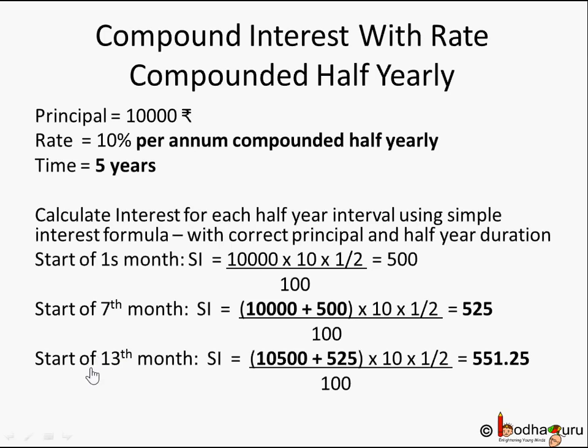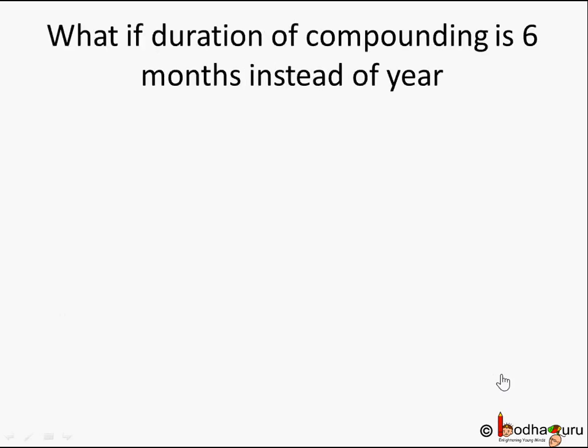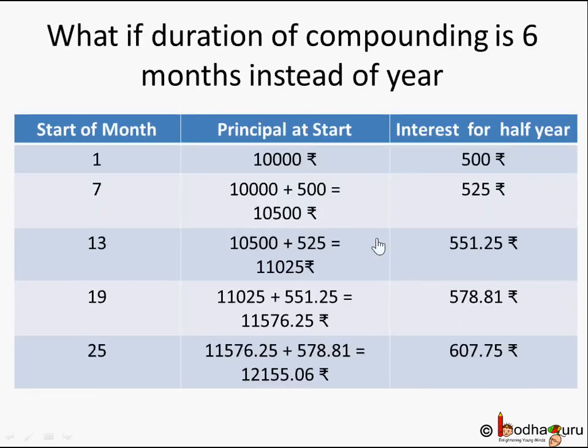At the start of the 13th month, which is basically the start of the second year, your principal will become 10,500 plus 525. And again you calculate for 6 more months, and you get this interest, and so on. Now what has happened in this case?